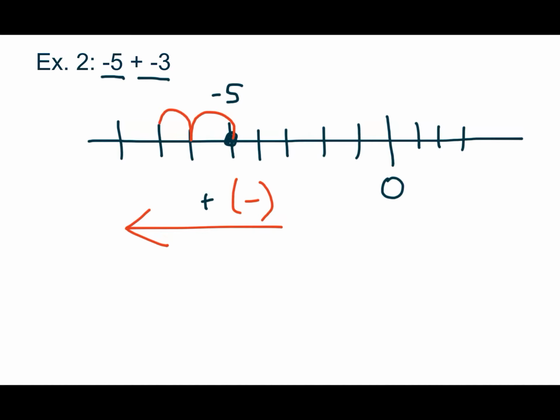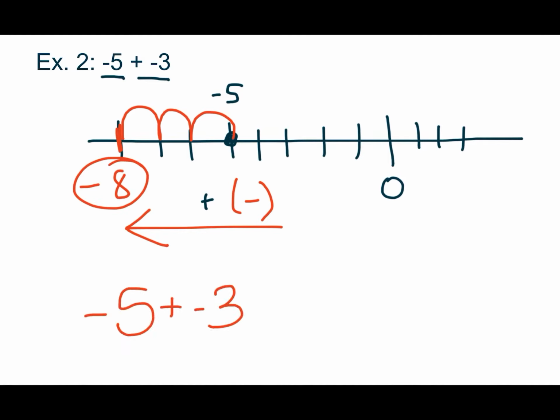So that's 1, 2, 3. And my answer is negative 8. Negative 5 plus negative 3 is negative 8. Or, in other words, negative 5 minus 3 is negative 8. Okay, those mean the same thing.